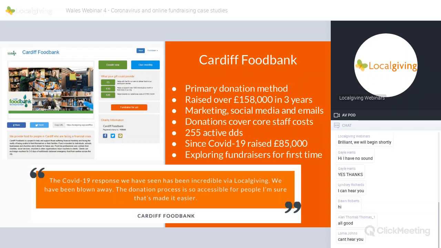Since March, they've raised £85,000, and that's because they've done really well at their messaging of saying how vital their service is, how they really have more people to help than usual, in terms of there are more people who are financially stretched, more people who are facing food poverty at this time, and they've communicated that in such a way that it's been really clear that their help is really valuable there as well. They've just started exploring fundraisers for the first time. That's not a route they've gone down before, but they have a couple of individuals who are seeking to raise smaller amounts for them towards that as well.